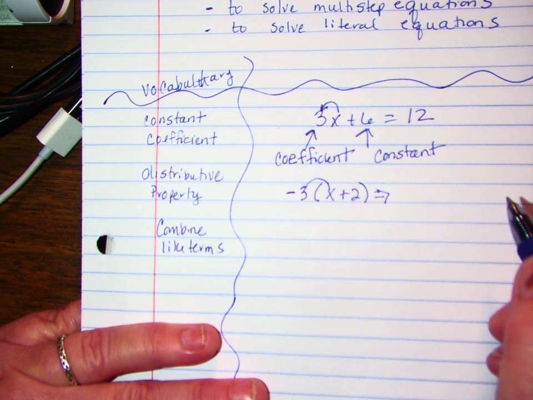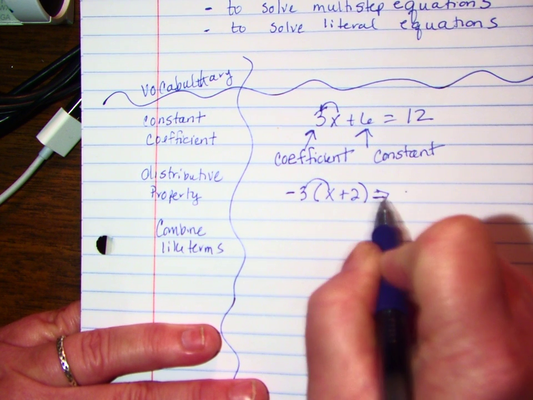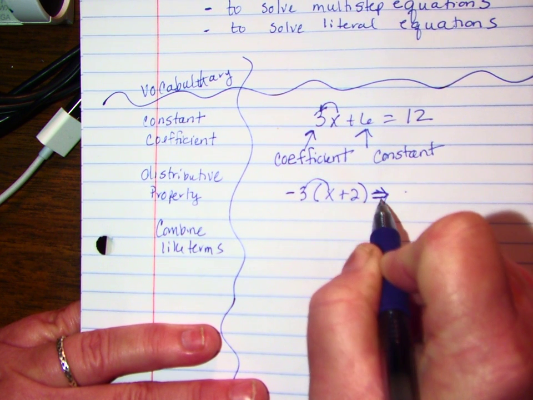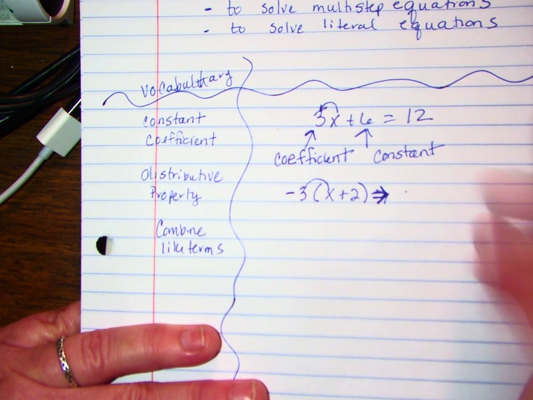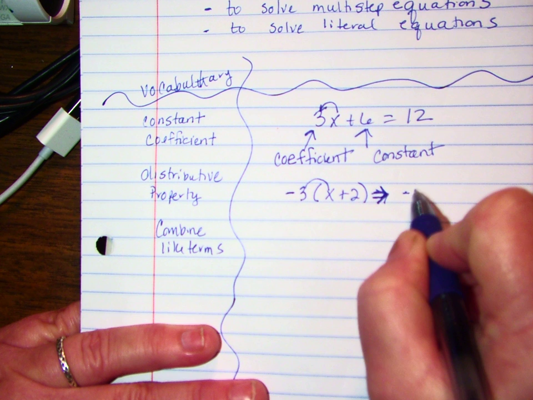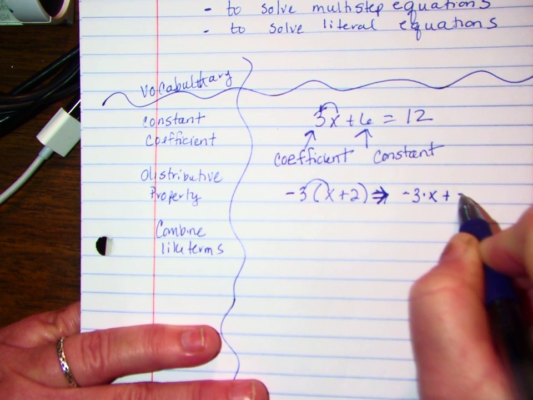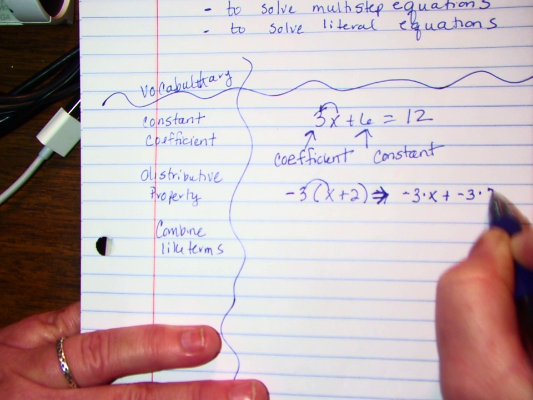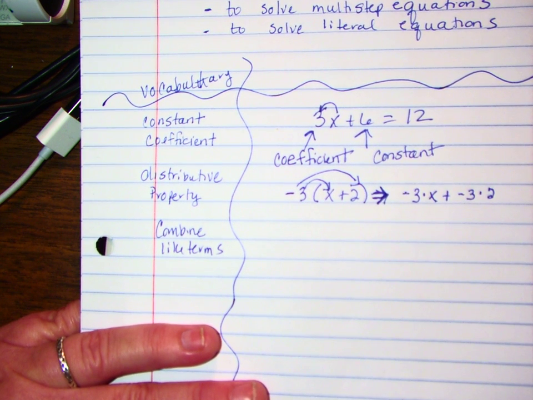The parentheses literally means you need to distribute it to everybody inside there. Now, this is like a yield sign in algebra. So this is what it's going to turn into, okay? And that'll be negative 3 times x plus negative 3 times 2 because we're going to distribute to both of these.